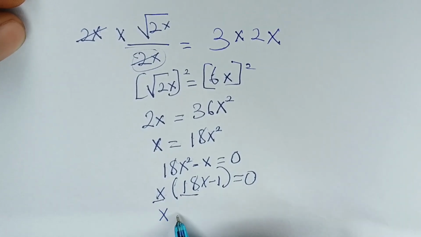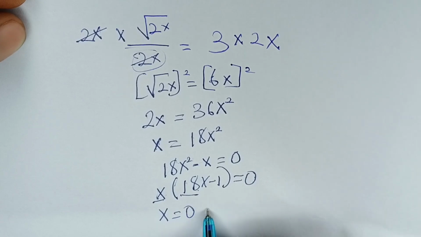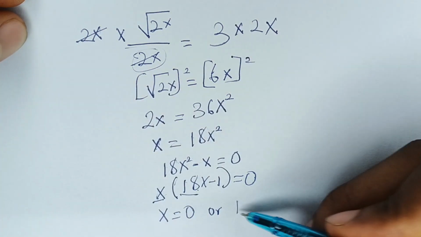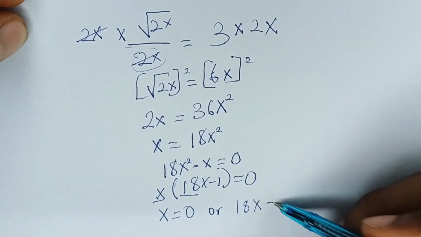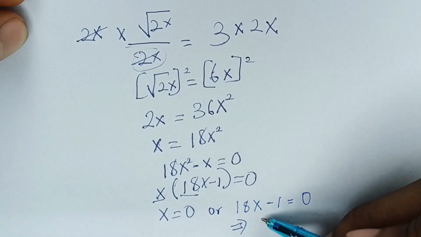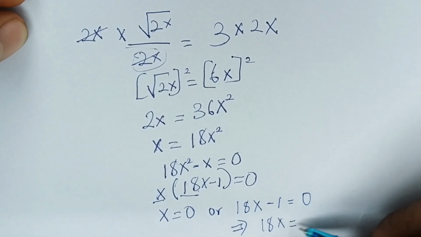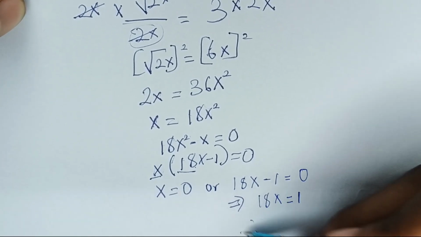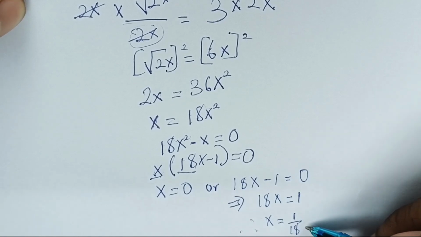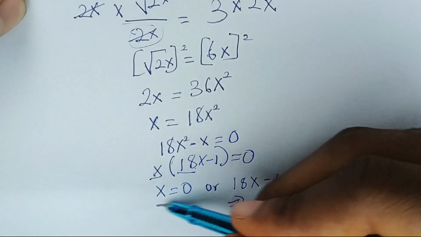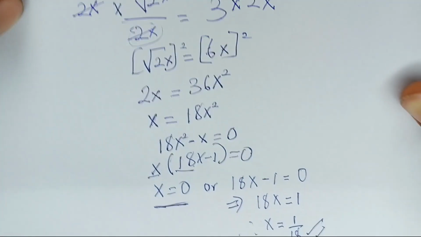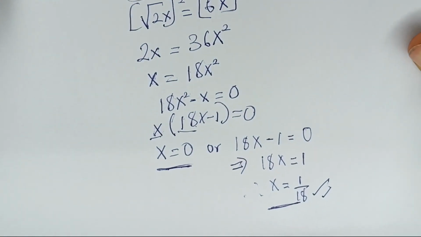So it's either that x is equal to 0 or 18x minus 1 equals 0, which implies that 18x is equal to 1. Therefore, x is equal to 1 over 18. So it's either that x is equal to 0 or x is equal to 1 over 18.